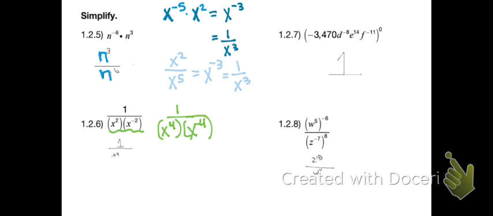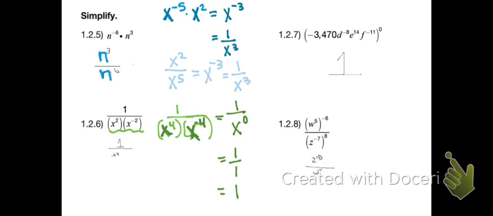Remember, multiplying numbers that have exponents with the same base, so the same big number, you add the exponents. So it would be 1 over, and this is a negative 4 and a positive 4. 4 plus negative 4 is 0, so my exponent would be 0. And then what is the answer if your exponent's 0? 1. So it's 1 over 1, which is 1.